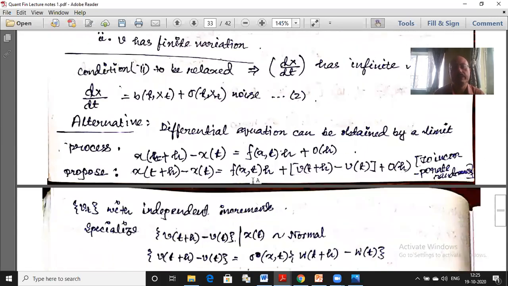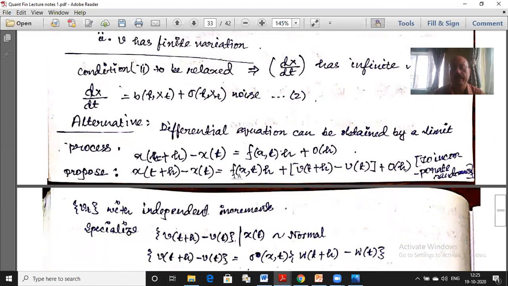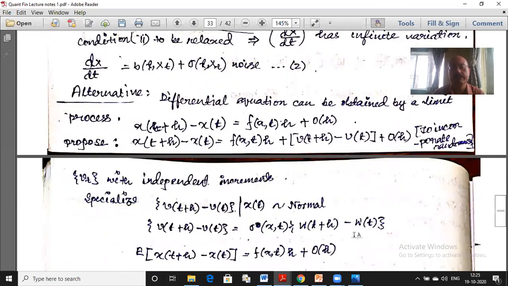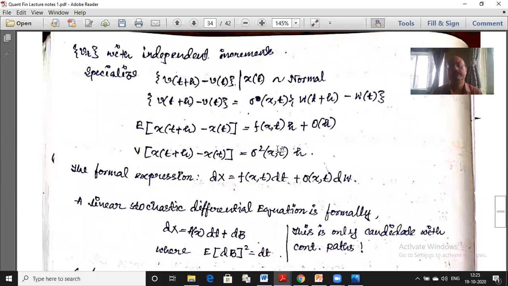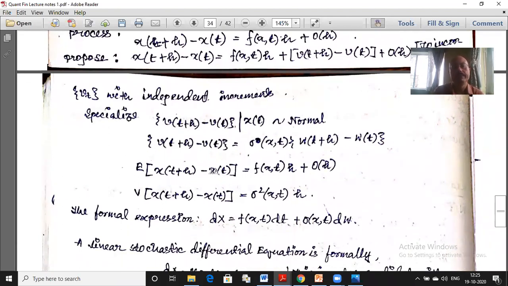So we gave up finite variation, and then we rewrote our equation in a difference form and inserted the Wiener process in the stochastic part of the change. So this is the change equation, the difference of v. We inserted the Wiener process to introduce normality, a normal distribution. Once we have that, we can calculate the expectation and variance of the increment.